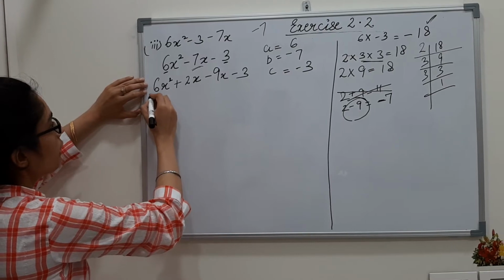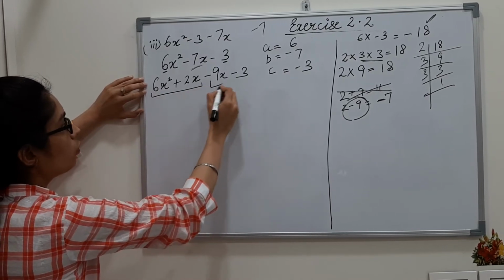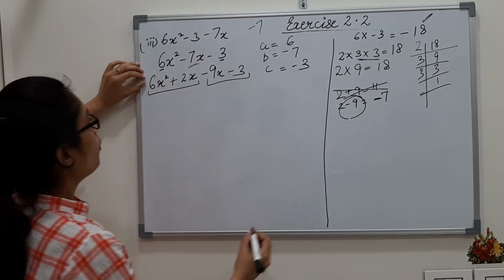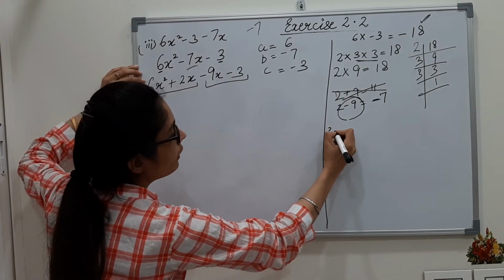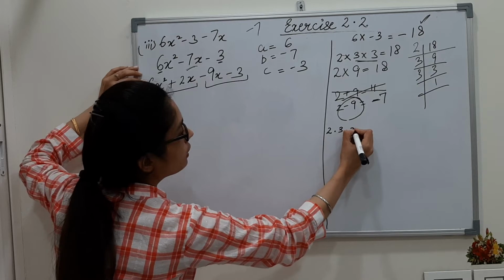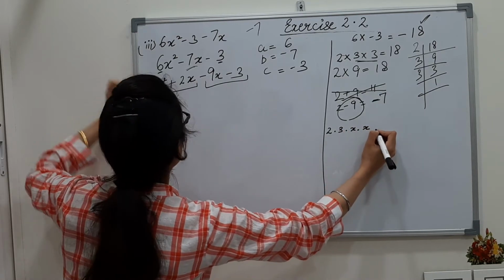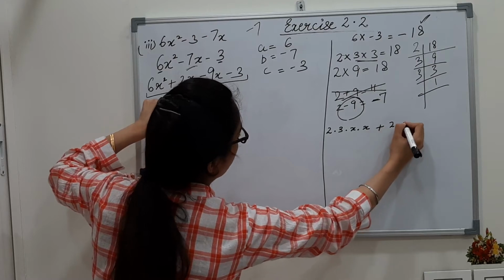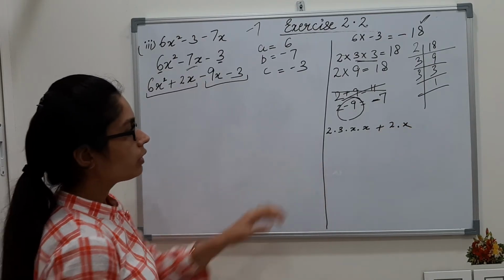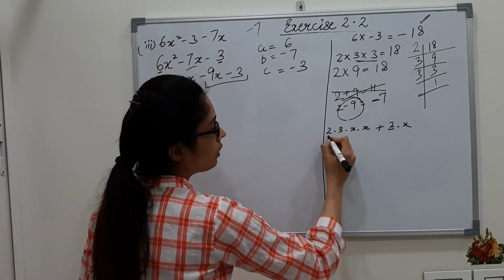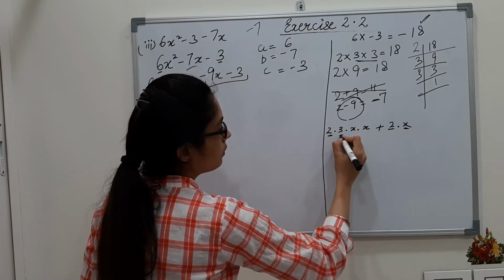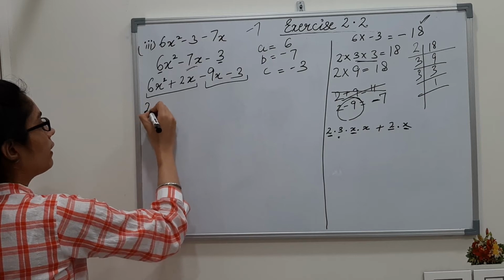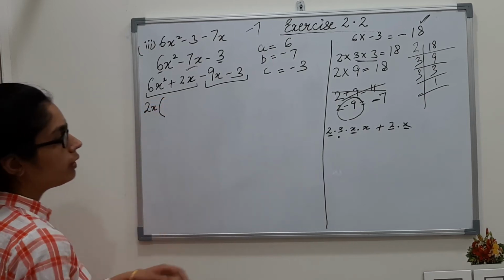Now we have to make two pairs and take out common. We will write this thing in simpler form. 6 is 2 into 3, x square is x into x, plus as it is 2x, 2 into x. So in both the terms 2 is coming and x is coming. So 2x we can take out common. Now what we are left with?